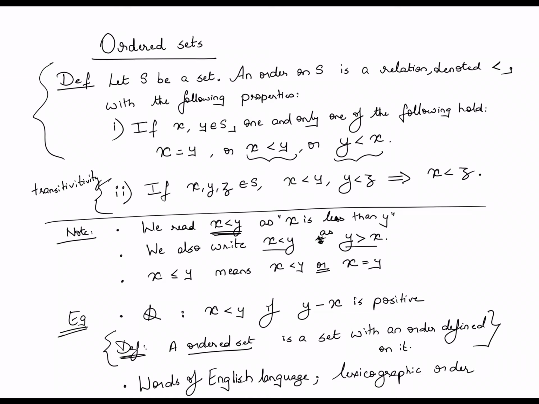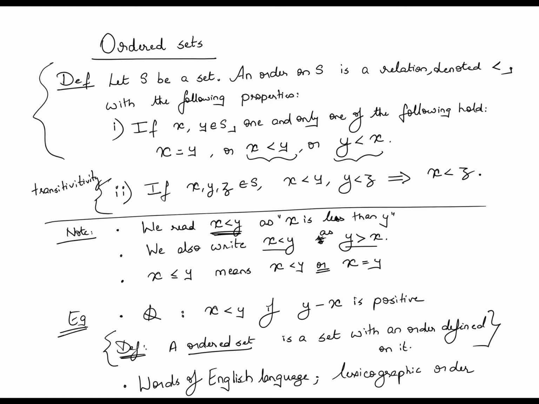Yes, if you haven't heard what lexicographic is before, lexicographic order is simply the order in which the words show up in the dictionary, right? So A through Z, to know whether one word comes before another in the dictionary, you look at the first letter and you say whether it shows up before the other in the order from A to Z. If there's a tie there, you move on to the next letter and so on, right?